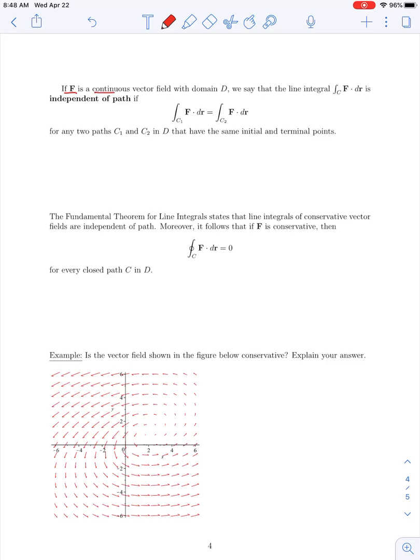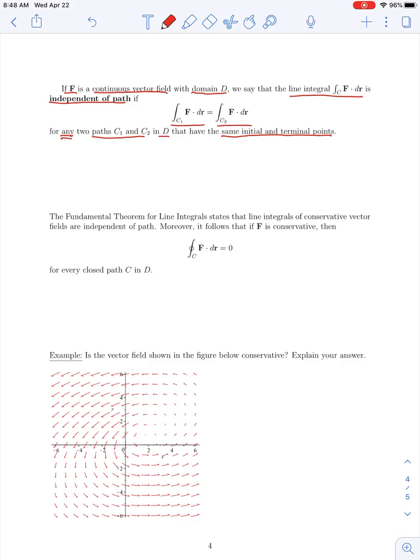If f is a continuous vector field with domain D, we would say that the line integral of that vector field over a curve C is said to be independent of path if the line integral of our vector field over a curve C1 is equal to a line integral over the curve C2 for any two paths, C1 and C2 in D, that have the same initial and terminal points.